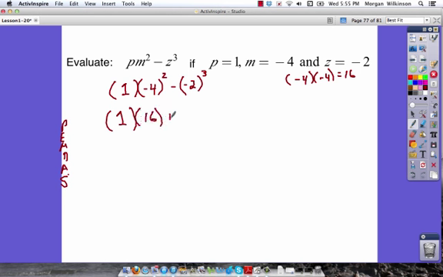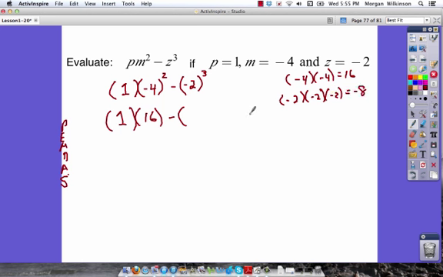And then we've got plus. Well, let's put that plus in a moment because we've got to do the exponent first. So we're going to say minus, and then we have -2 to the third power. That means -2 times -2 times -2. That's going to be 8, and it's got to be -8 because we've got an odd number of factors.